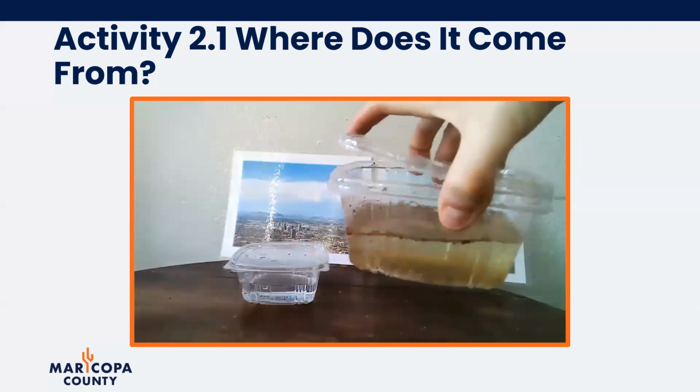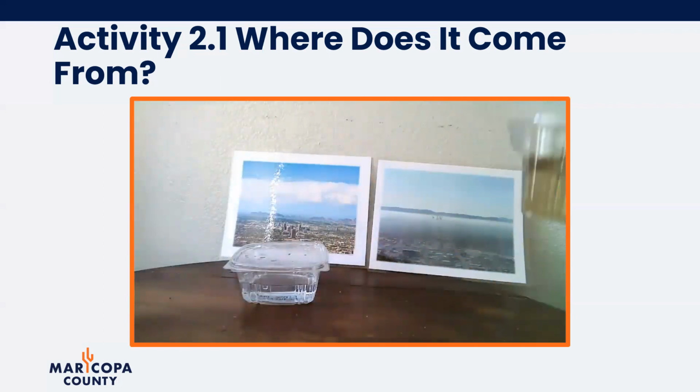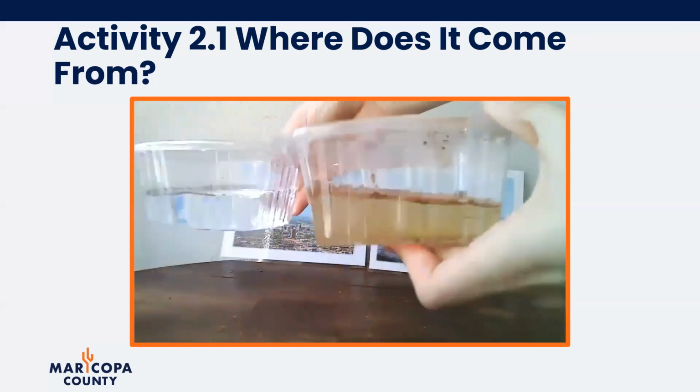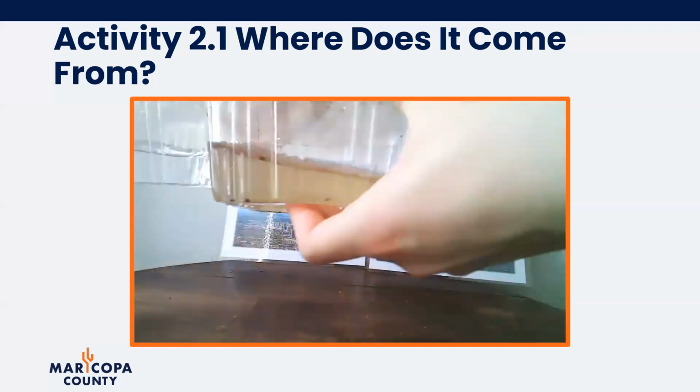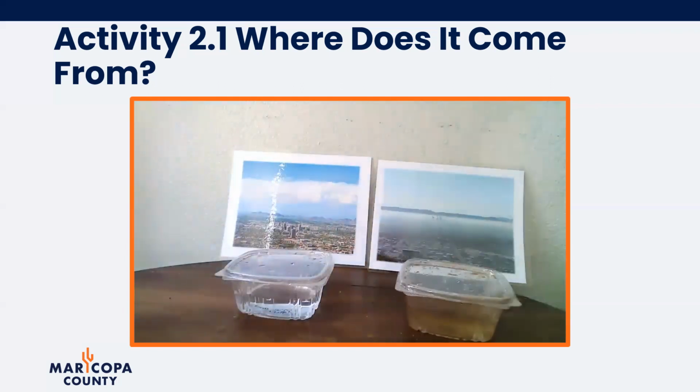And you could definitely see some differences there. You want to compare the deli container with the clean water to show students how air can become polluted. And using water to represent air is a great way to model what happens when air becomes polluted.